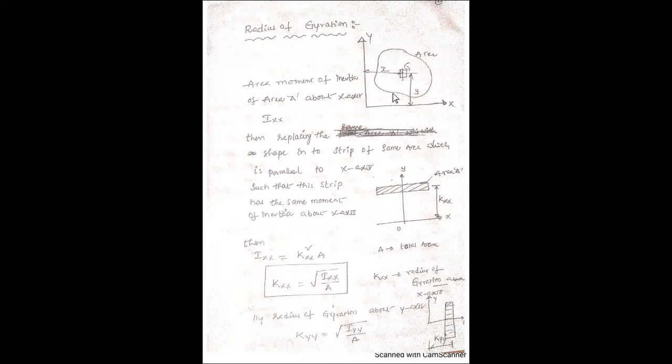As we know, the moment of inertia about the x-axis is Ix, and the value of Ix is integral y square dA. Now I am replacing this entire arbitrary area with one horizontal strip, and the area of the strip is equal to the area of this arbitrary shape or object.